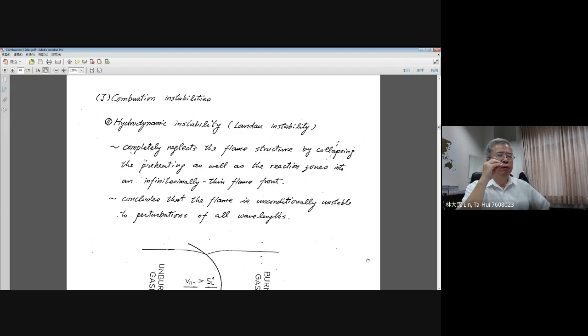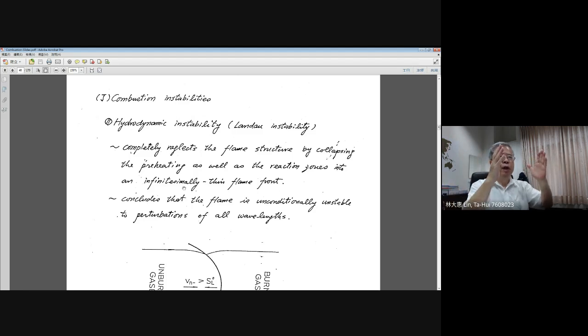He thought about the flame, and a very important assumption is that they completely neglect the flame structure by collapsing the preheating zone as well as the reaction zone into an infinitesimally thin flame front. This kind of concept we already described very early, when we looked at the balance between the far upstream and far downstream. You can use this kind of consideration.